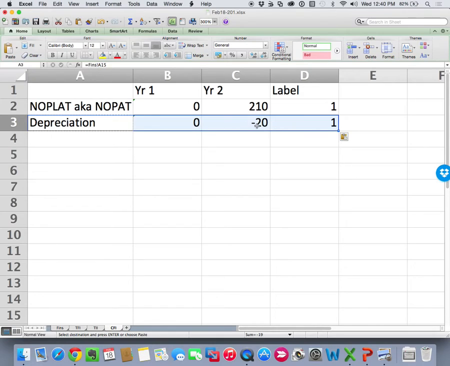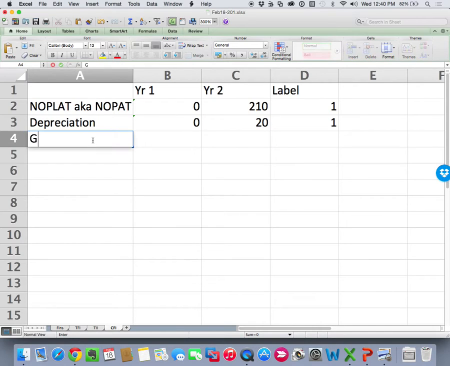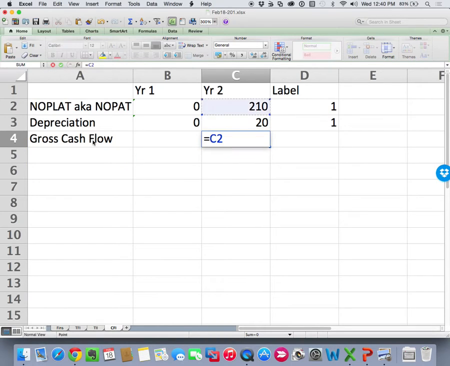Because I'm going to add in the depreciation, I'm going to change this sign to a positive 20, and that's going to get us something called gross cash flow, which equals the 210 plus the 20. So this company is generating $230, or $230 million, however you want to think about that, of gross cash flow selling products to its customers, right?